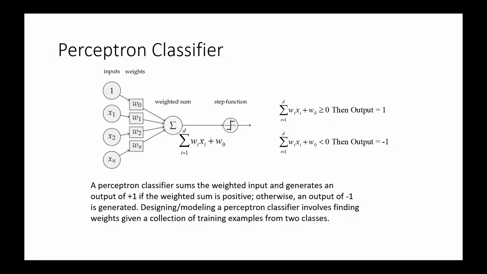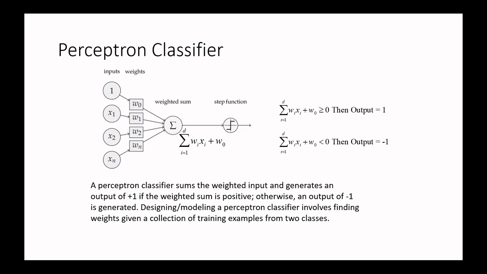So at the sum unit, you are calculating this expression, which is summation over i equal to 1 to D. If you have D features, I think I'm showing you N. So basically that should be N. All right. So just a little mistake there. Wi xi plus W0. So W0 is the constant or the bias term. And Wi for all different i values are the respective weights that you assign to different features or different input lines.